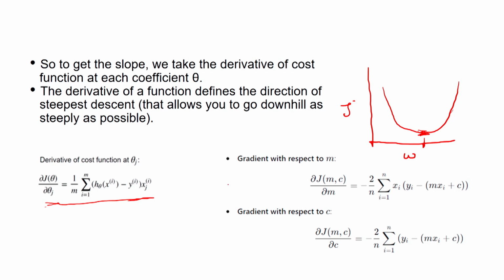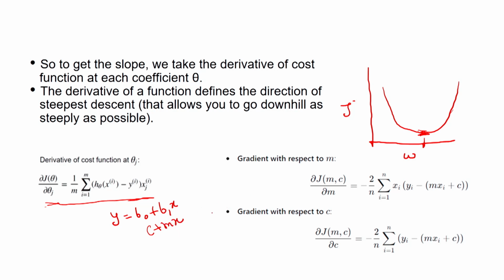In general, if we talk about simple linear regression, there will be only two parameters. In simple linear regression, we have seen that our model is y equals b naught plus b1 x, or it can also be written as y equals c plus mx.